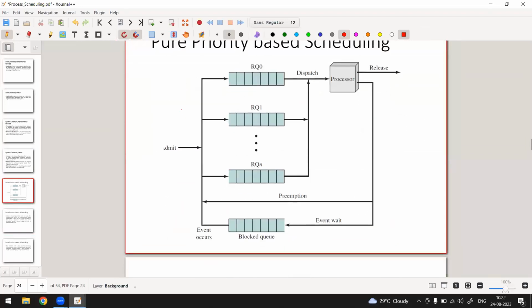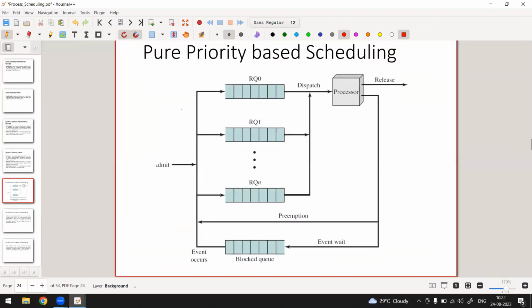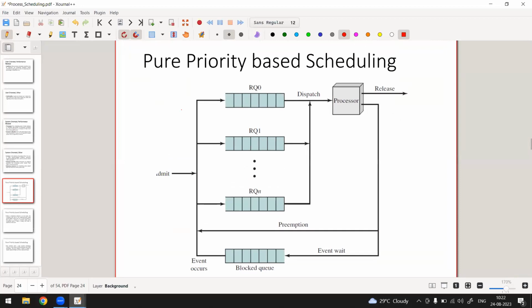So in general, if your system is of pure priority based, how does the scheduling happen? This is the layout of the pure priority based scheduling.